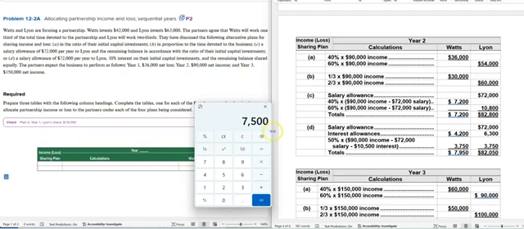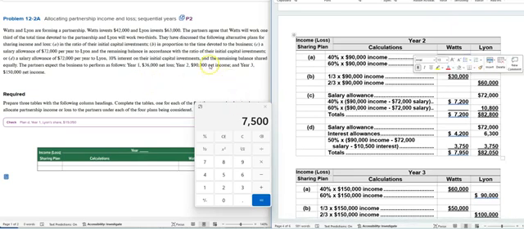It's going to leave $7,500 in income to allocate. The remainder will go 50% to each. So 50% will go to Lyon and 50% to Watts. Okay. So looking at this scenario, Watts is probably thinking, heck, let's go with this first option because that's going to give me the biggest allocation.